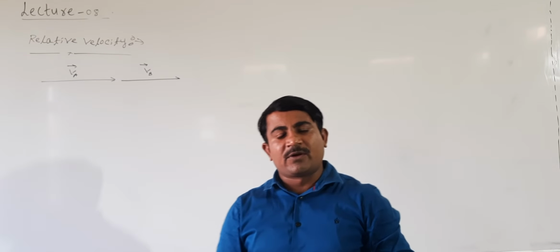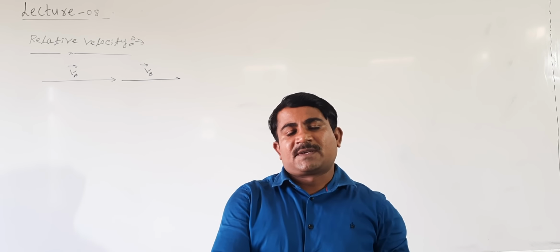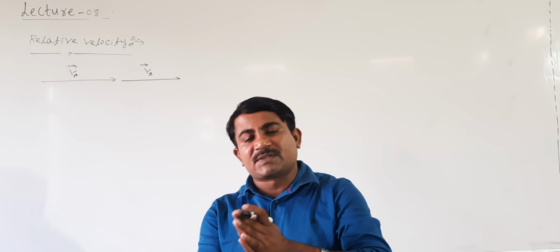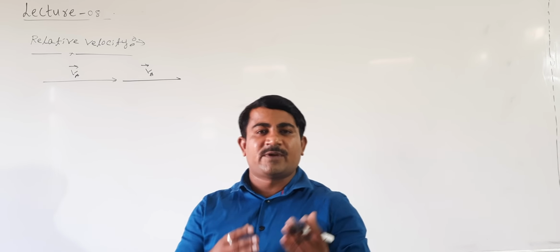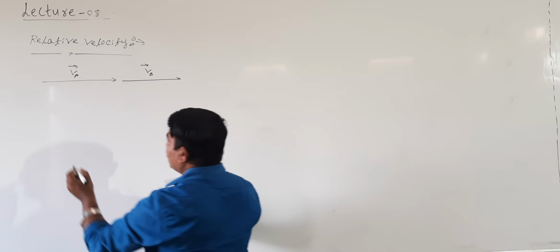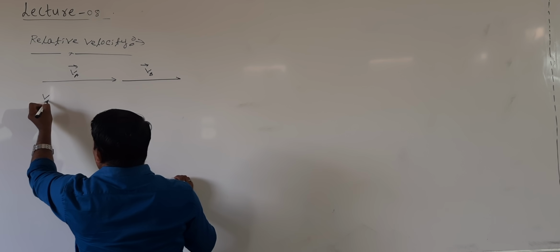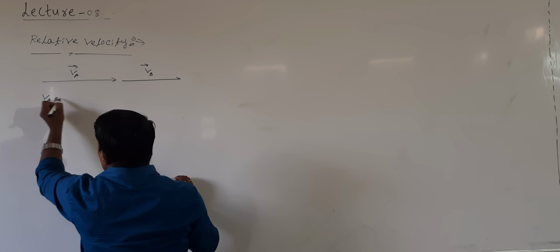How to take the relative velocity for the same direction? It is the velocity of one body with respect to another body, which we call relative velocity. Shall I take this as VAB?